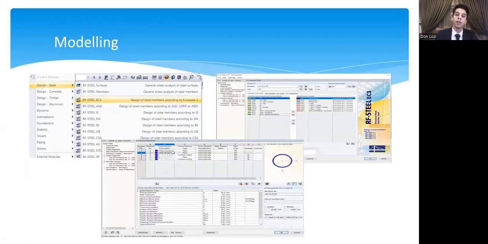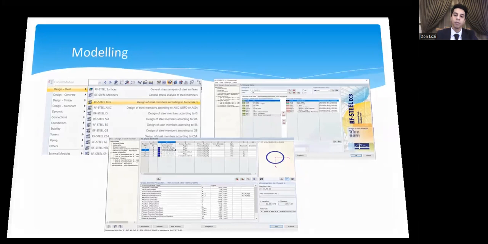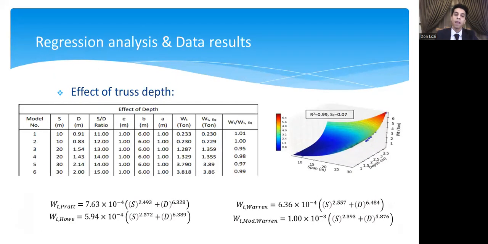This is the optimization stage, when we try to find the excellent percentage of design ratio. Here, the first effect will be the truss depth effect.